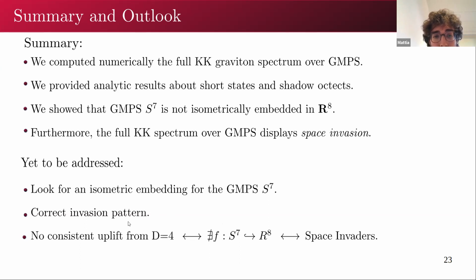So the fact that the 2 11-dimensional theories do not come from a consistent uplift from lower dimensions, the fact that the compactification manifold doesn't have an isometric embedding in R8, and then the fact that the full Kaluza-Klein spectrum displays the space invader scenario. So with this I conclude, and I thank you very much for not having fallen asleep.